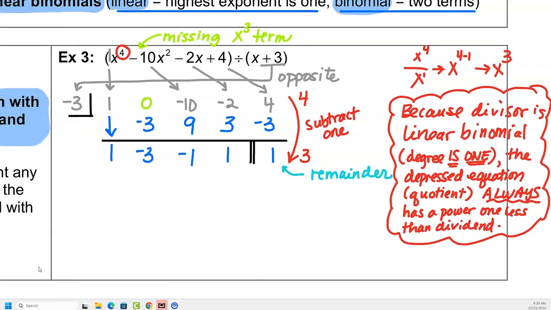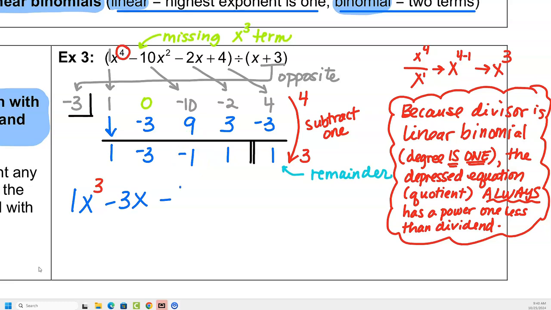Okay, so now let's write out our answer. So the 1 that is in this location, we're going to bring that down. It's going to be 1, x, and then the highest power now will be a 3. Then I bring down the minus 3 next. That will give me minus 3x. Then I'm going to bring down the minus 1.